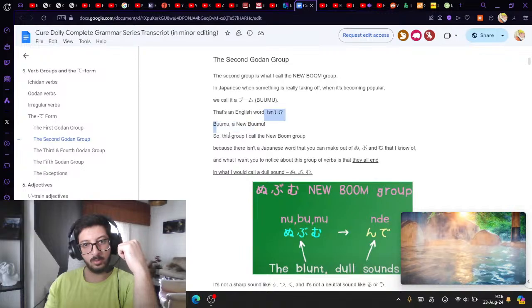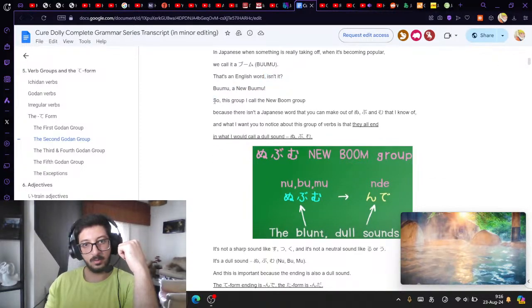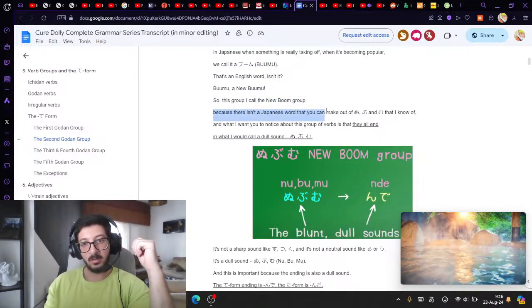Boom, a new boom. So this group I call the nu boom group because there isn't a Japanese word that you can make out of nu, fu, and mu that I know.